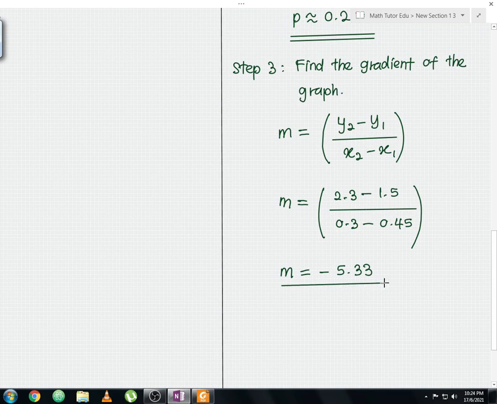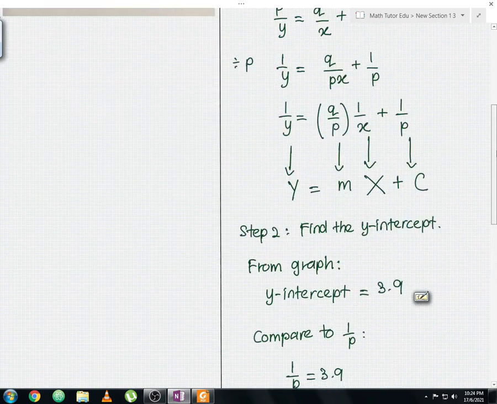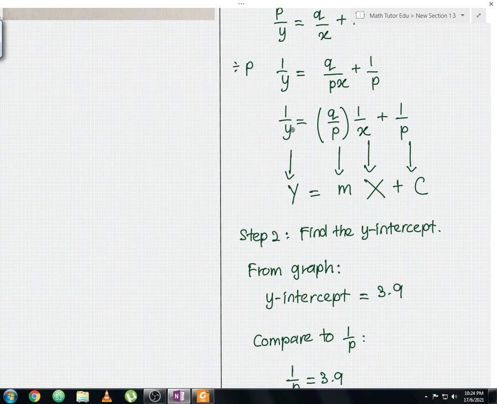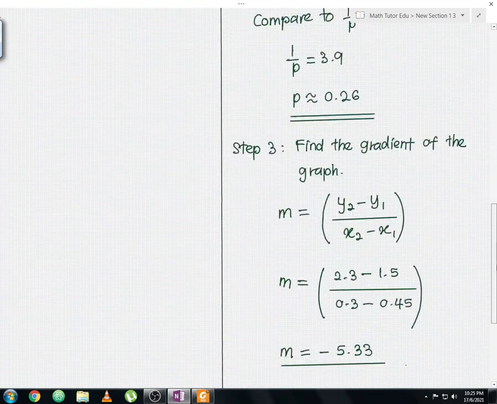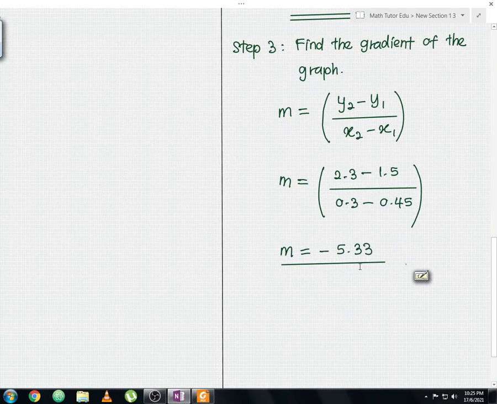This gradient of the straight line we obtain directly from the graph, but there is another gradient that we have obtained directly from the equation, which in this case is q over p. So for the next step, we're going to compare this q over p with negative 5.33, which we obtained over here.